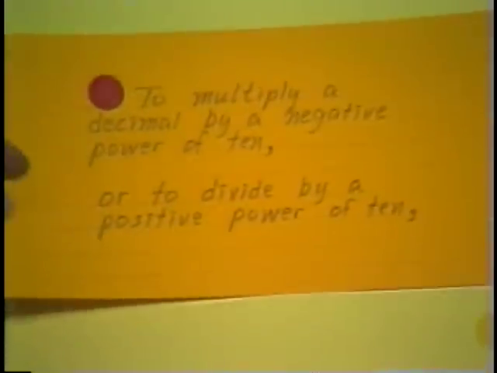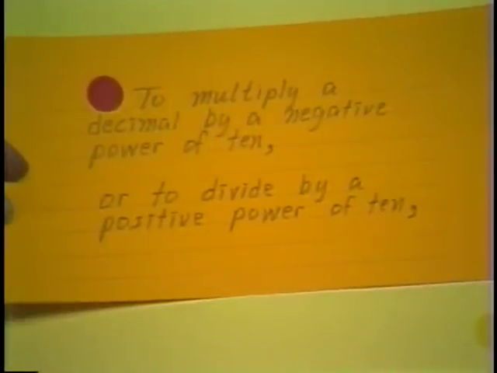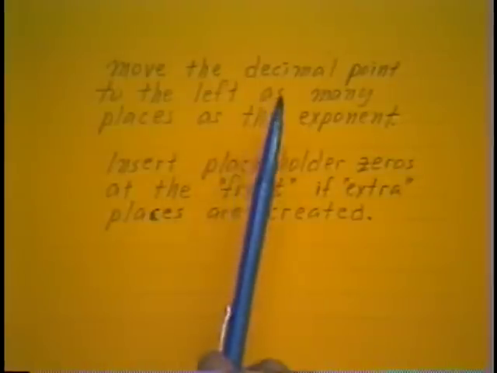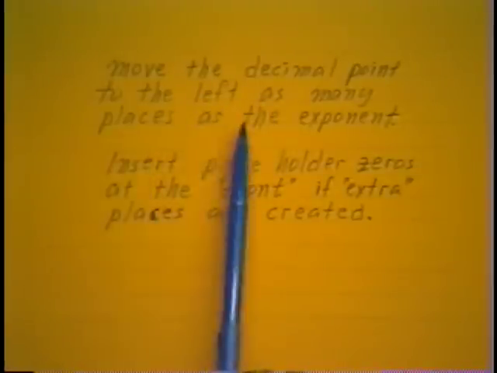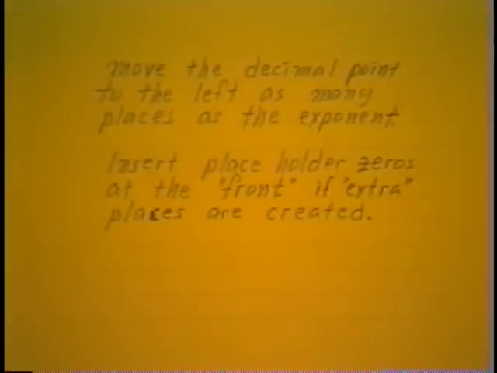That rule once again, to multiply a decimal by a negative power of 10 or to divide by a positive power of 10, move the decimal point to the left as many places as the exponent. And again, insert placeholder zeros if they're needed because of newly created positions.